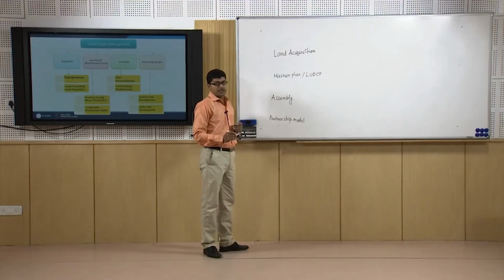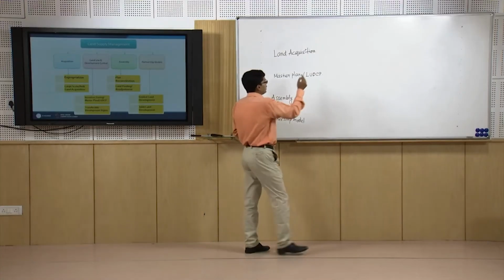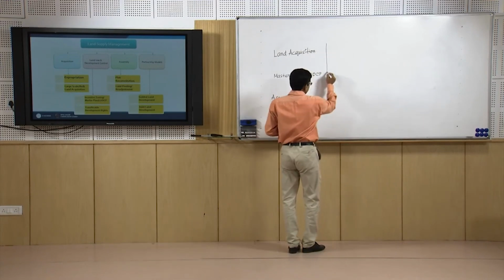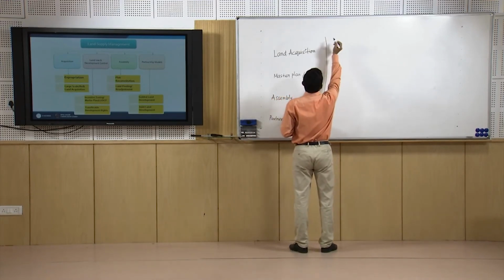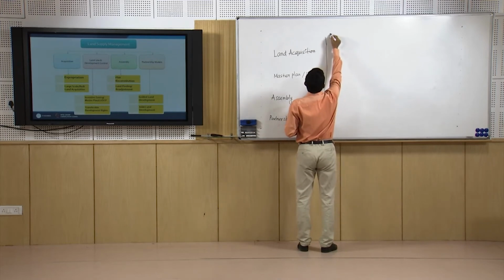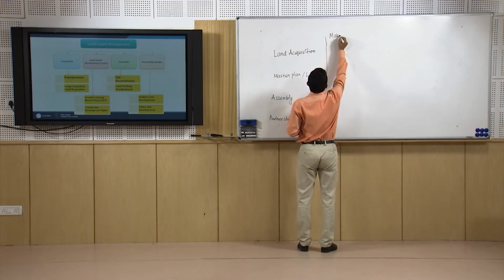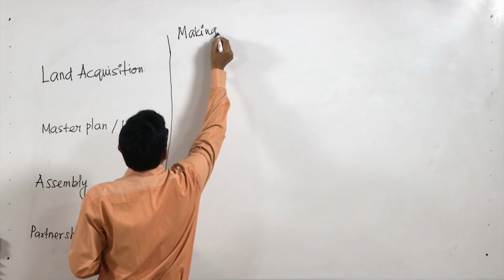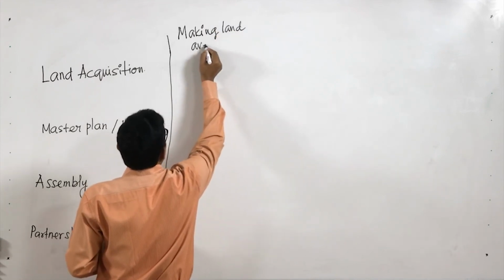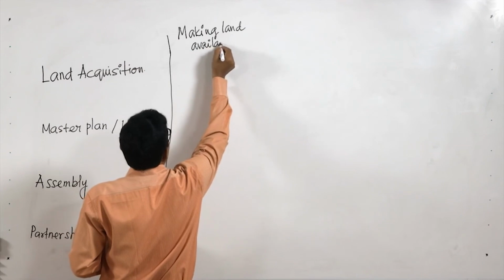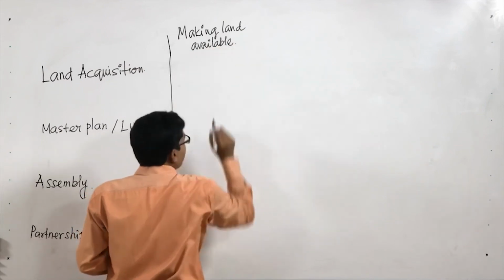So, a basic land assembly has different stages. The first stage is making land available.